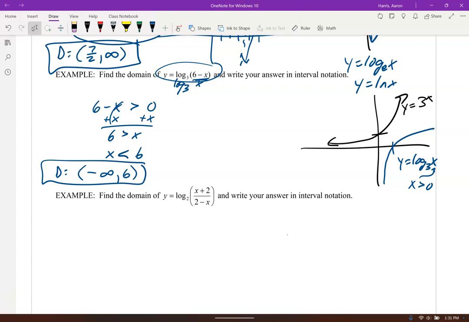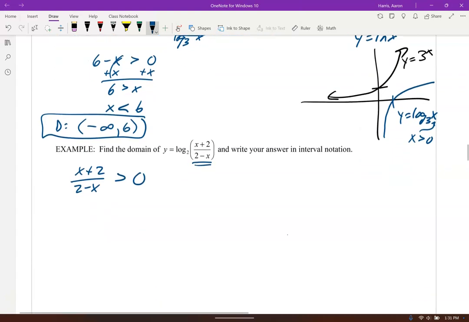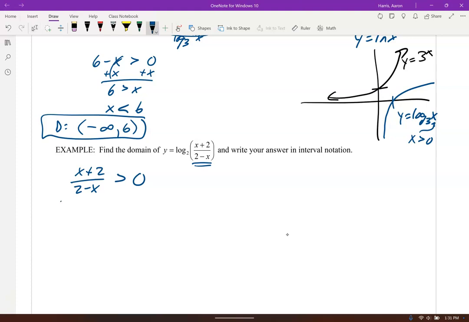Now what about this one? Well, again, we know this has got to be positive. So we've got this rational portion, and it's got to be positive. So we're going to have to find the critical points and test around them. The critical points come from the zeros or where it's undefined. So if 2 minus x equals 0, add x, I get x equals 2.